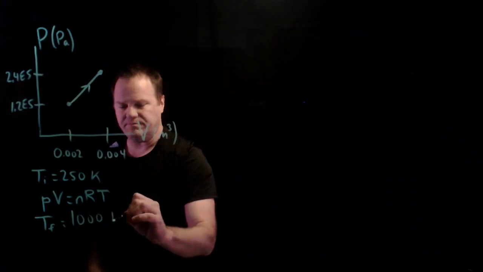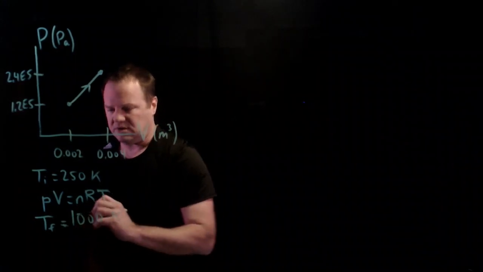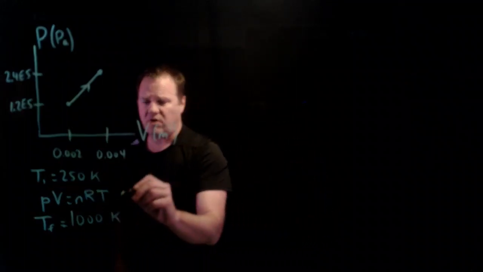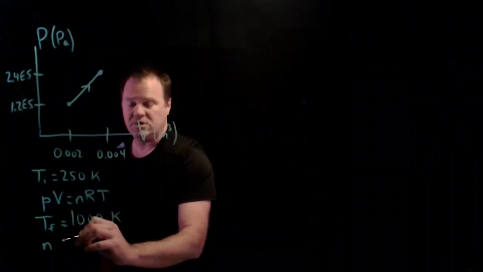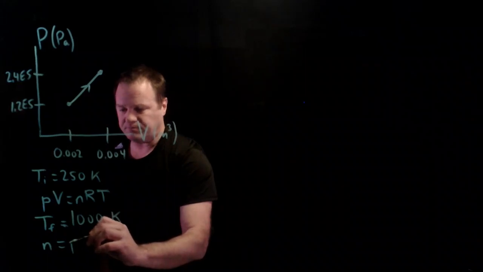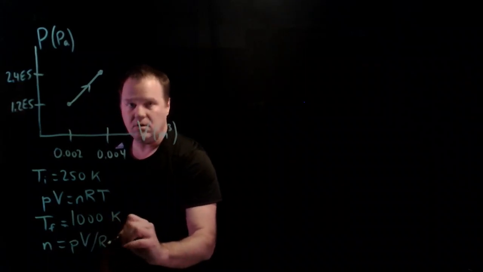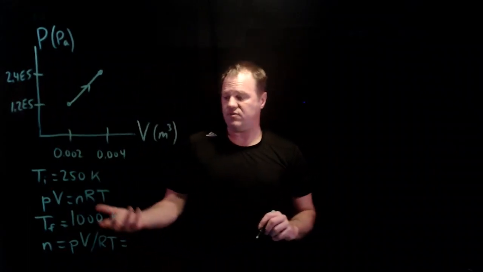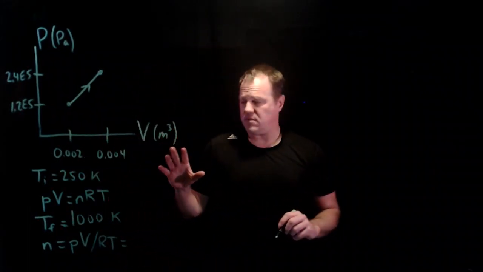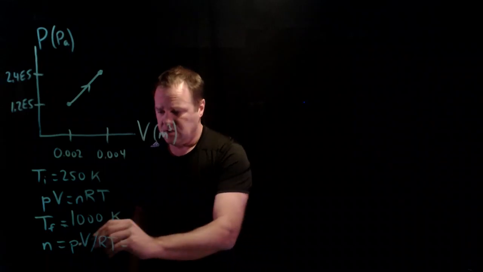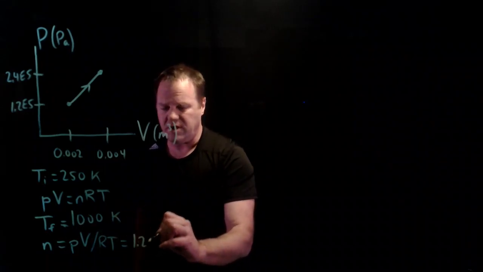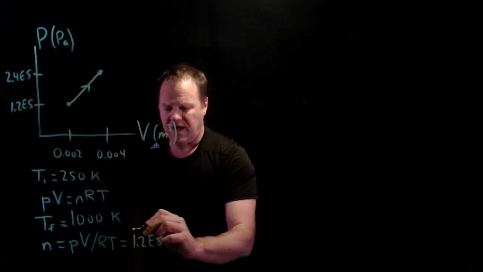That's pretty hot. The last thing we want to do is calculate the number of moles. So we solve the ideal gas law for number of moles: n equals PV over RT. We can do this for initial or final, it doesn't matter. We should get the same answer. So we'll just do the initial pressure, 1.2 times 10 to the 5th pascals.